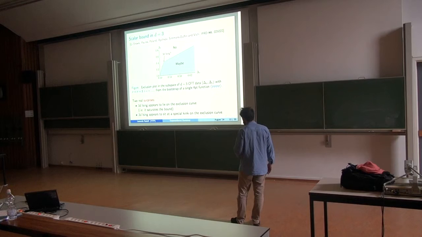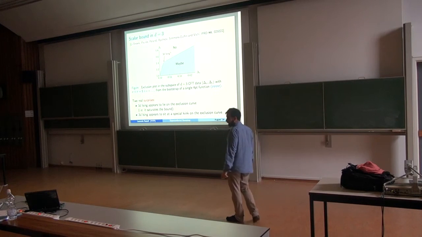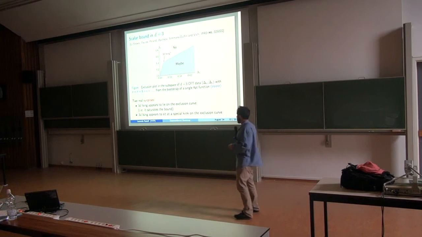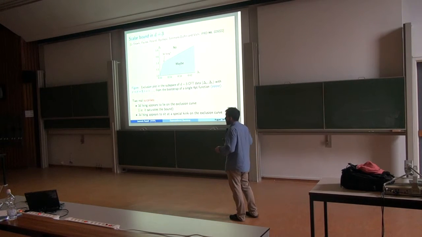And then there's a sharp kink whose position coincides with extreme precision with the known values of the critical exponents of the 3-dimensional universality class of the Ising model, which are known from Monte Carlo, epsilon expansion, and a variety of other techniques. So that's a real surprise.